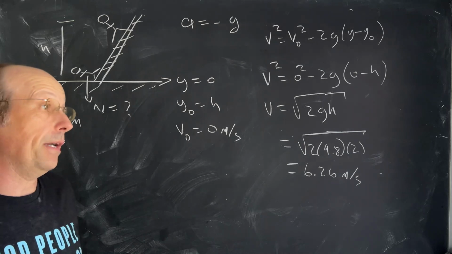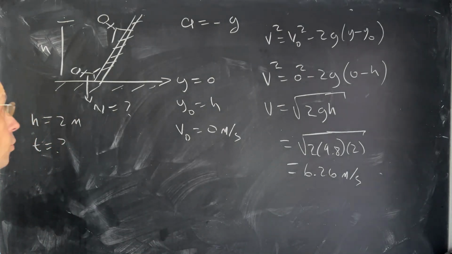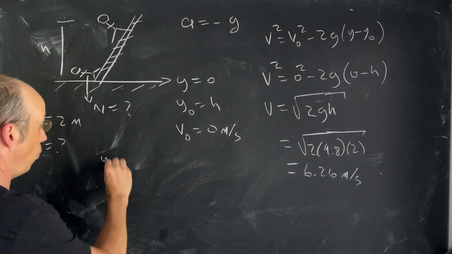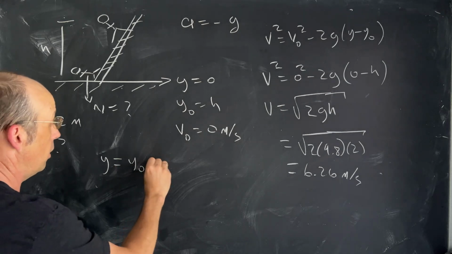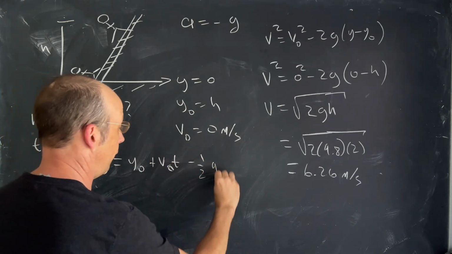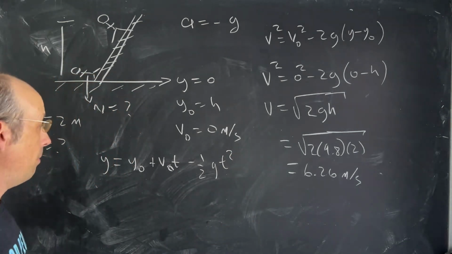Now the second question about the time, how long does this take? Actually, we have more than one way to answer this question too. Let's do the way that I think makes the most sense, and use the equation y is y0 plus v0 t minus 1/2 g t squared. That's my favorite kinematic equation.